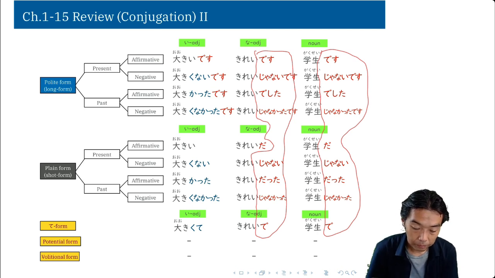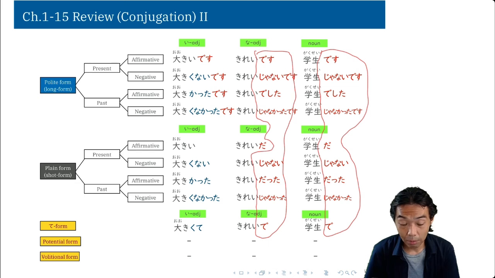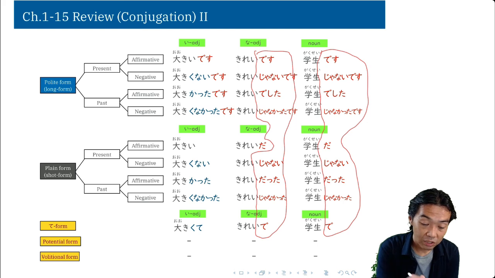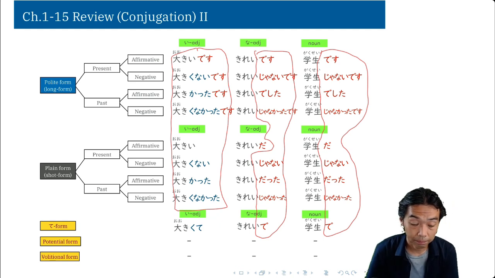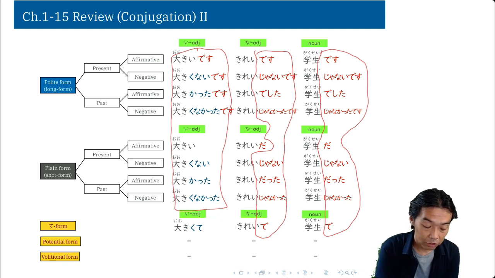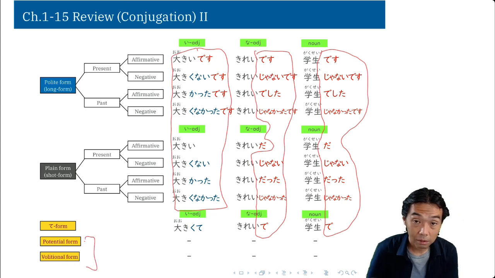In fact, some people consider adjectives nouns because they behave almost the same as nouns, but they also behave as adjectives, so it's kind of between them. For adjectives, you have to just memorize different patterns, but not as complicated as verbs. And there is no potential form and volitional form for adjectives. We have only te form.